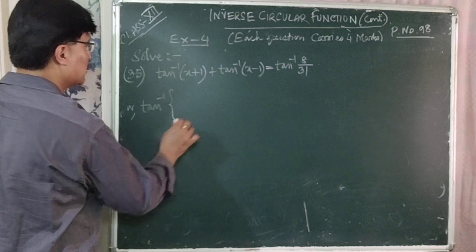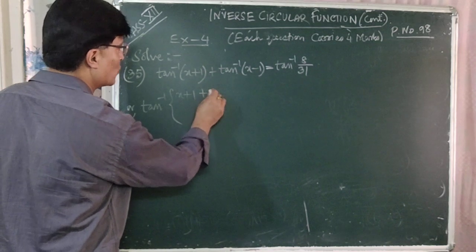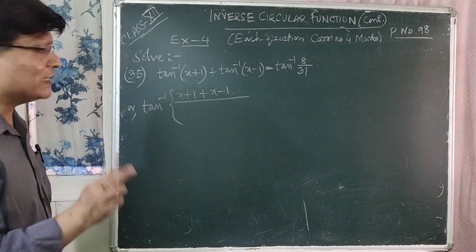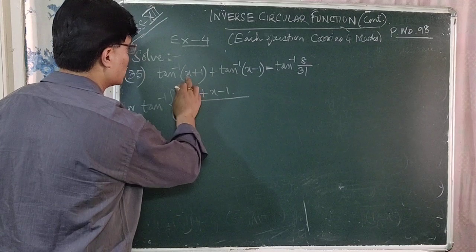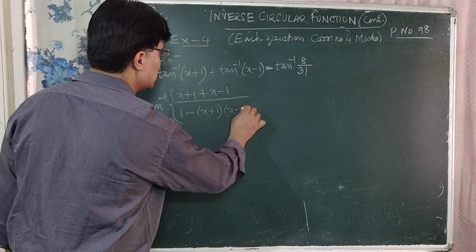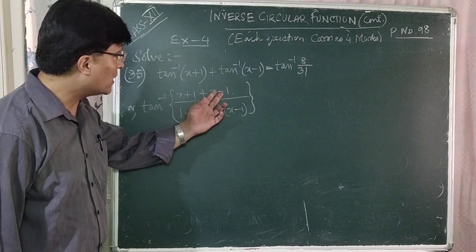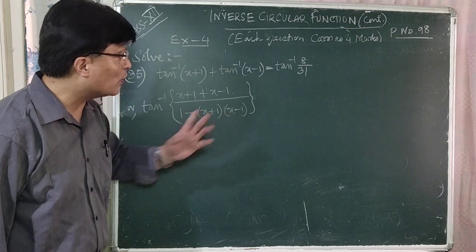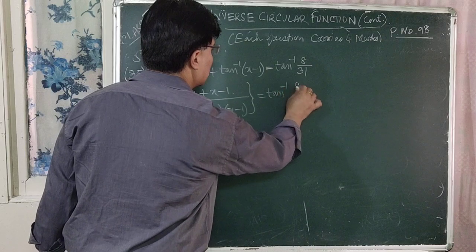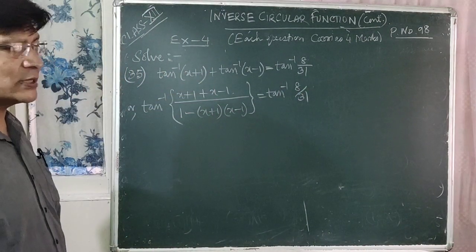Tan inverse of (x plus y) divided by (1 minus xy). 1 minus, what is x in this case? x plus 1, into what is y in this case? x minus 1. That is tan inverse of (x plus y) divided by (1 minus x into y), which is equal to tan inverse 8 by 13.